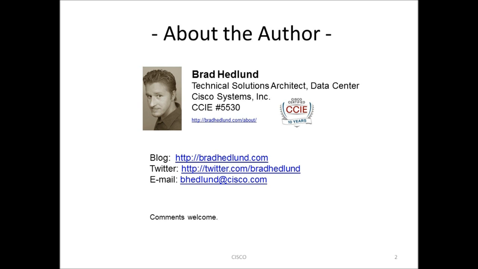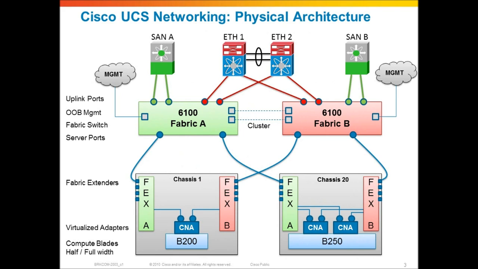Thanks. So let's get started with a quick review of the physical architecture of Cisco UCS. UCS is really a single integrated system of switches, cables, adapters, and servers wrapped into one common management umbrella provided by UCS Manager, which runs on the Fabric Interconnect. And at the very center of the switching architecture is the Fabric Interconnect, the 6100 shown here.